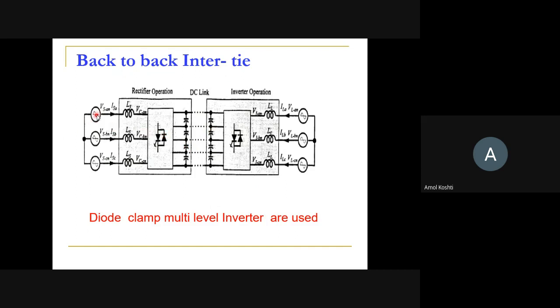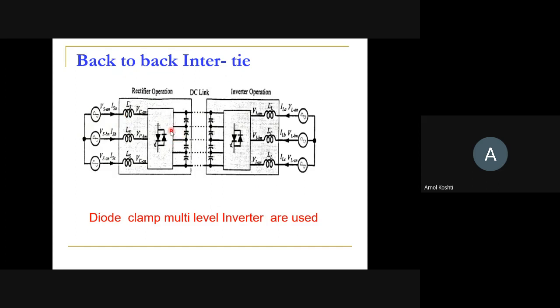If you see from this source, this AC will be converted through this multi-level converter. Even though we have learned the multi-level inverter, there are also multi-level converters. Converter means like an inverter, there is also a multi-level rectifier, so rectifier operation can be done using this. This AC is converted into DC.